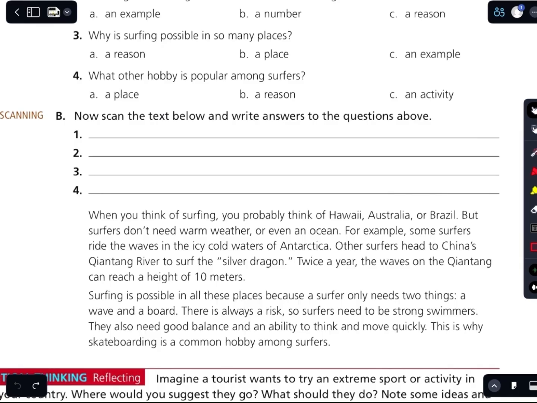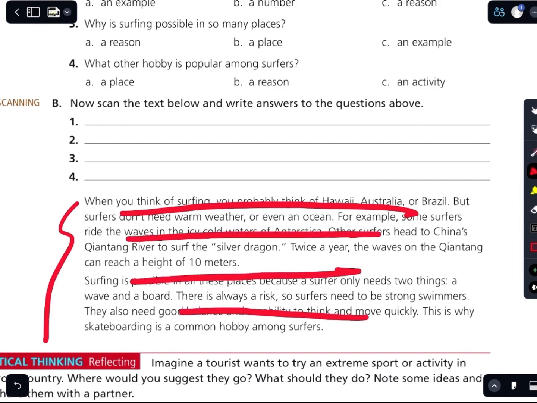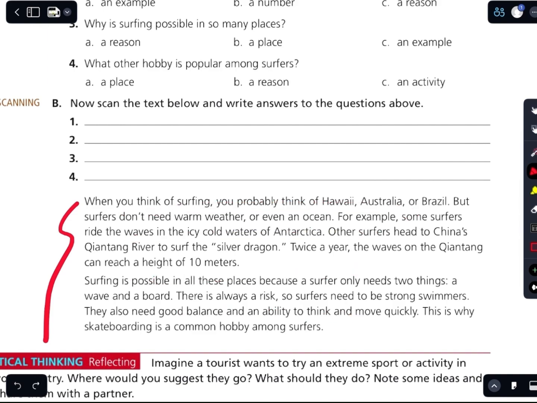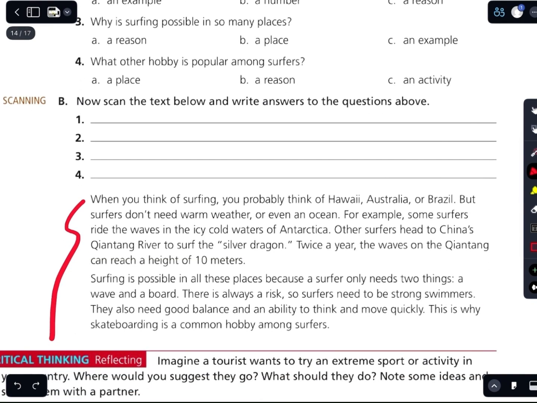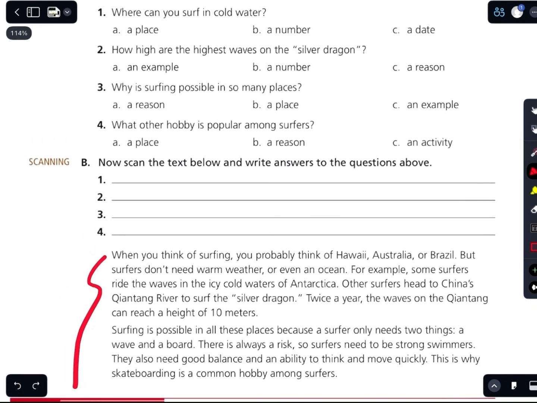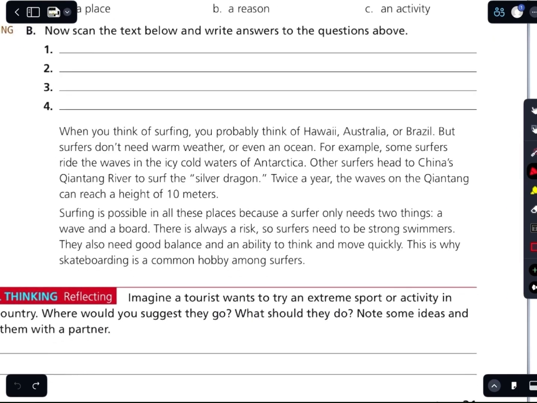So scan the text below and write answers to the questions above. You can read this whole thing, or you can just scan it. You can go through it really quickly and look for all the things that you need from these questions above. And you need to fill in all these things, all the answers, 1, 2, 3, 4. And I'm just going to read through it now, but you can complete the work there.